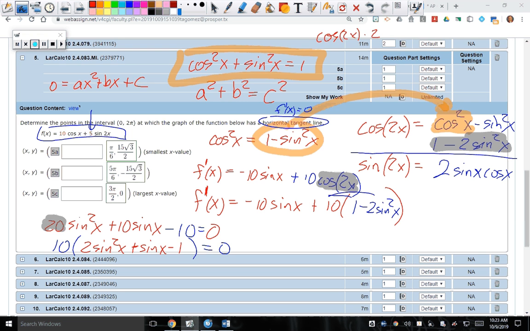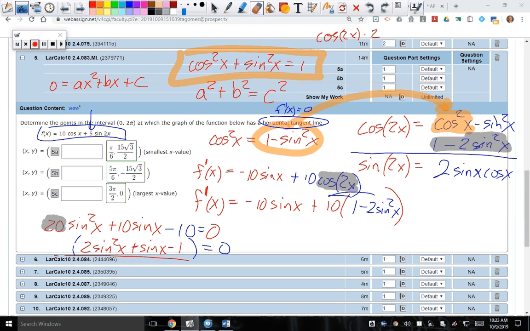Because that GCF 10, if I divide both sides by 10, it's just going to be 0 still on the right side. And the 10 basically just goes away because it doesn't have a variable attached to it. Okay? So you could just divide that out right now and make it go away. And now just factor what you see left.